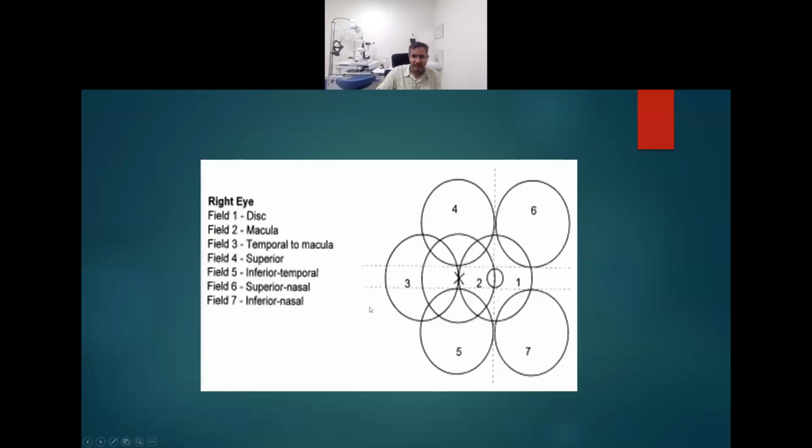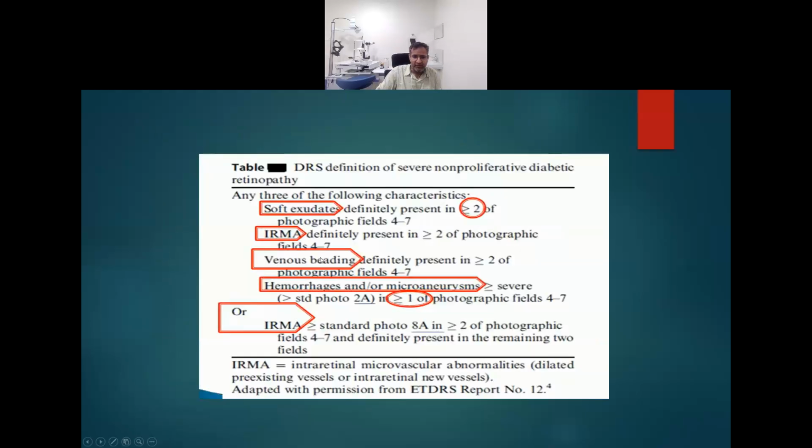Venous beading definitely present in more than 2 of fields 4 to 7; and hemorrhages or microaneurysms of the severe category, that is, more than standard photograph 2A in more than one of the photographic fields 4 to 7, or IRMA more than standard photograph 8A in more than 2 of the photographic fields 4 to 7 and definitely present in the remaining 2 fields.